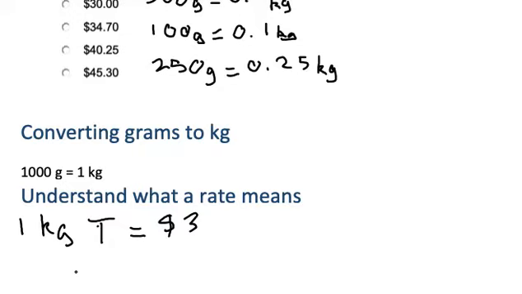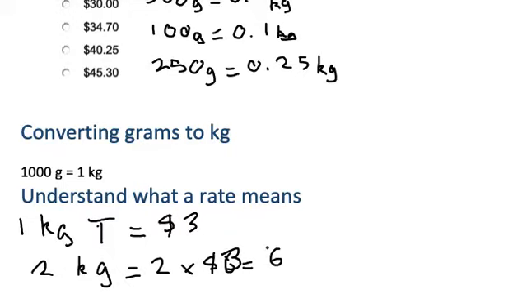So let's say if I bought 2 kilograms of tomatoes, it's going to cost me 2 times $3, which is $6. Oops, sorry, this one was meant to be a 3, my bad. So it would cost us $6.